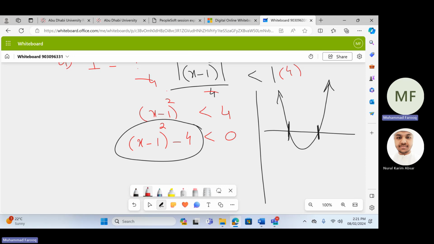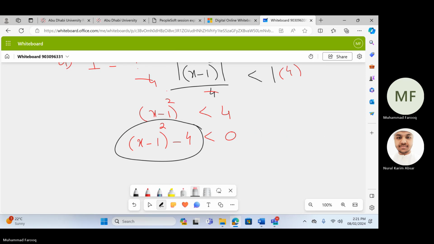Do you know what I draw? This is the x-axis, don't confuse. I draw the graph. I am using the graphical method to solve the quadratic inequality.